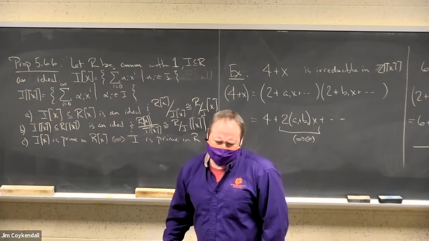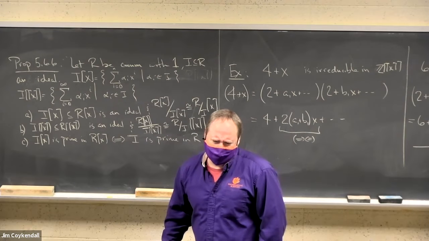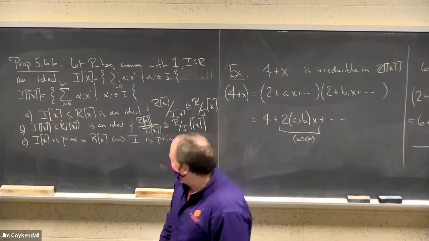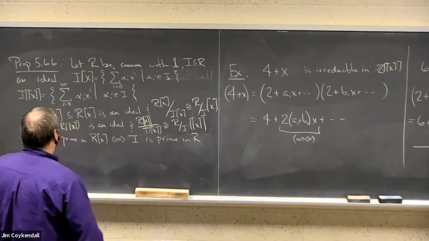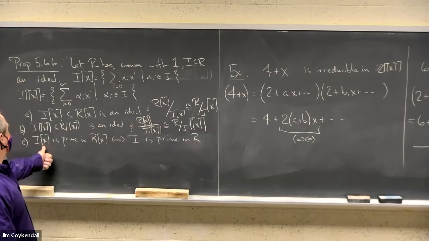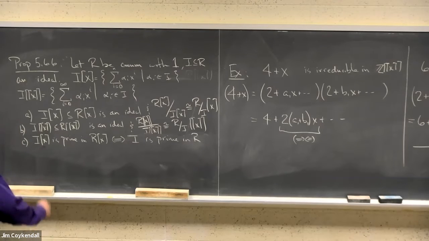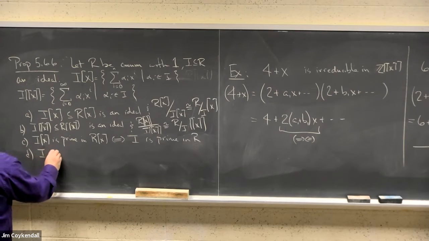There's a remark in part C about respectively maximal for R[x]. It may be true vacuously, but actually one of the things you prove in the homework is this thing is never a maximal ideal of R[x].